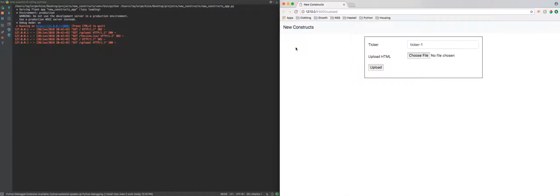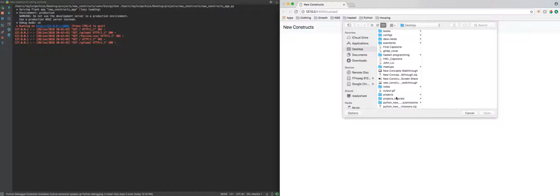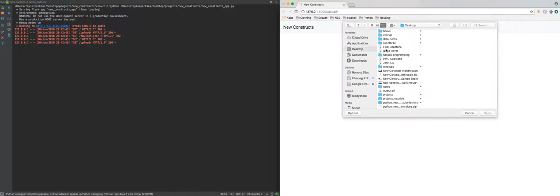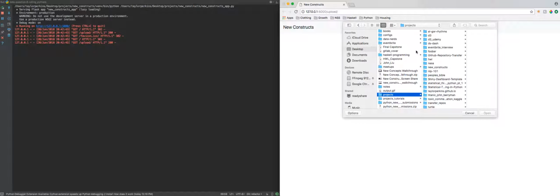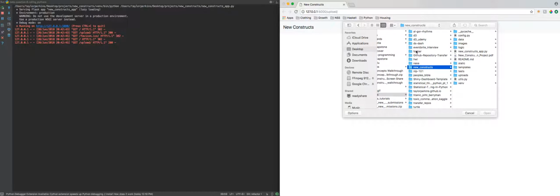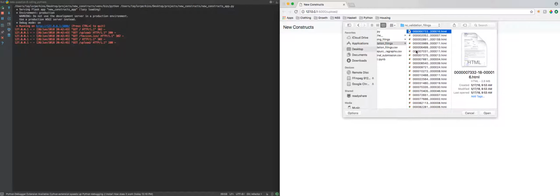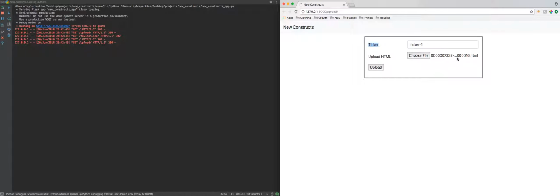Each company has a ticker associated with them. Generally, they have an HTML file associated with it as well. Let's see if I can just go through this really quick. So you have an HTML file and you upload it.